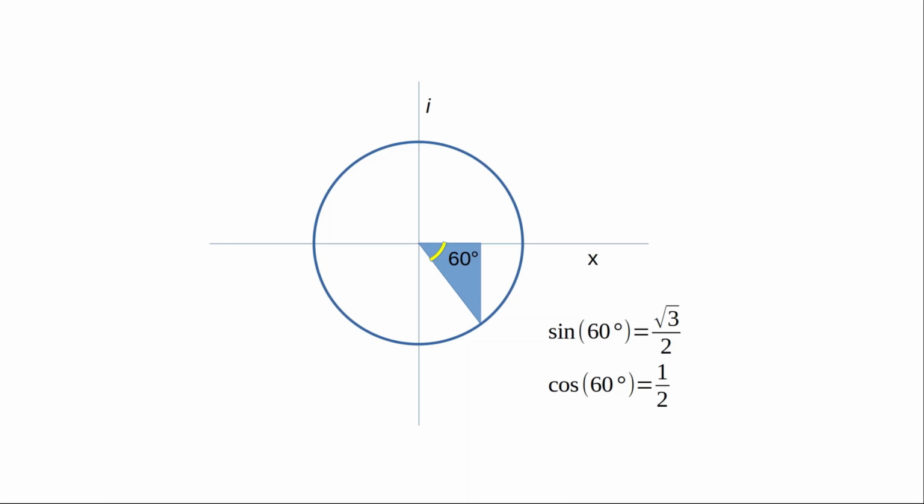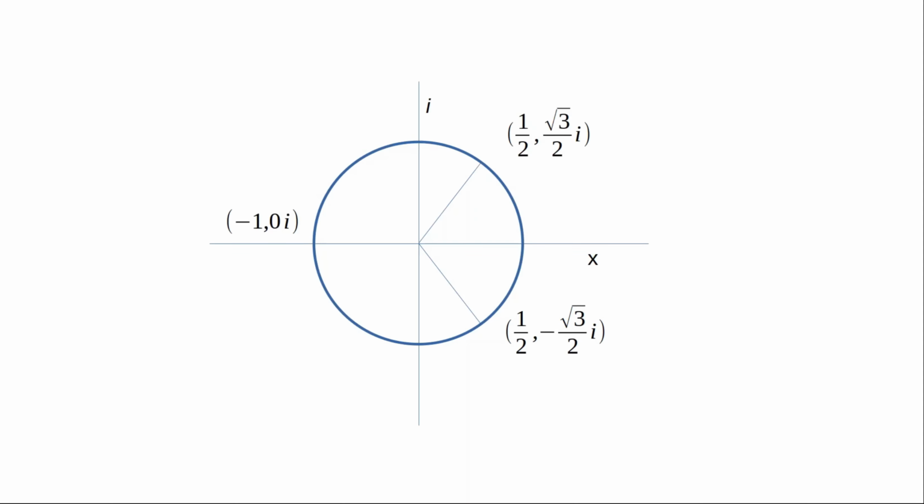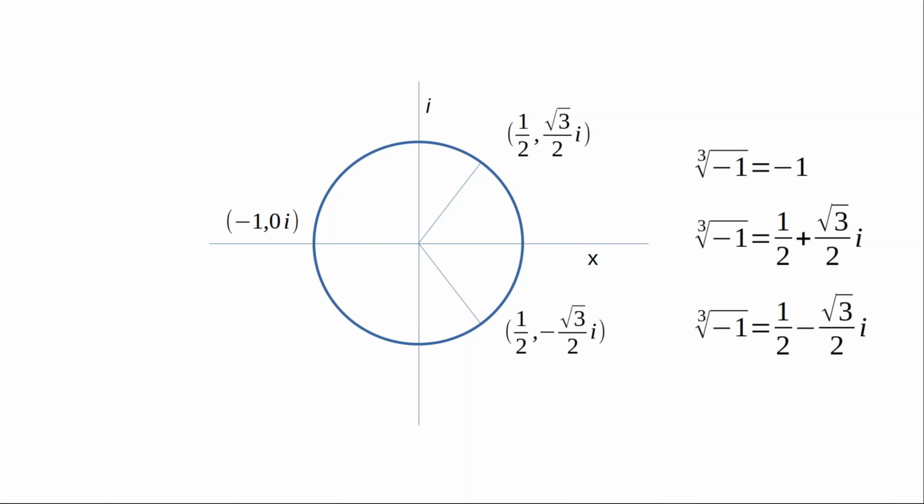Cosine is positive and sine is negative. So we use those values to find our point, which is 1/2, negative radical 3 over 2 i. So those are our 3 points on our circle that represent the cubic roots of -1. And there you see our values: -1, 1/2 plus radical 3 over 2 i, and 1/2 minus radical 3 over 2 i.